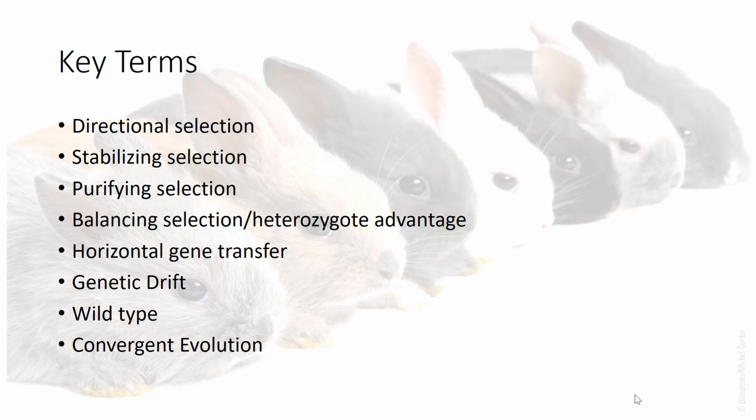The example we have in our textbook that we'll talk more about on Wednesday is lactase persistence. So the wild type condition is probably to be lactose intolerant, to develop an intolerance to lactose after weaning. Although in different populations across the globe, there has been the development of a reliance on dairy products.